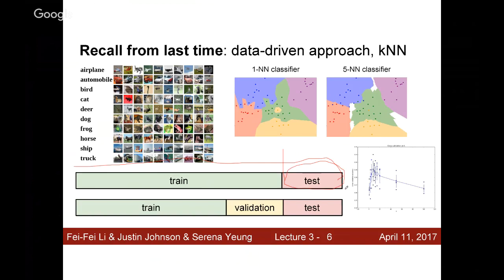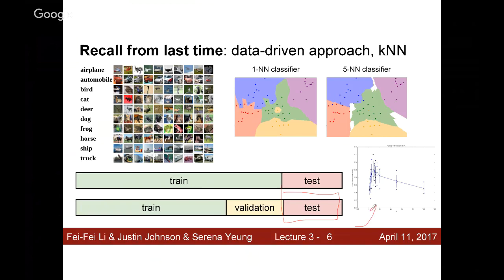But in order to do hyperparameter tuning, we can't do that, because when we train on the data, we get hyperparameters that are sensitive to the training set, and we don't know whether they generalize. So we have to further split the training data into a training set and a sort of training test set, which we call a validation set. We train with different hyperparameter values on the training set, test whether those hyperparameters are any good on the validation set, and then finally test the entire algorithm on the test set later on.